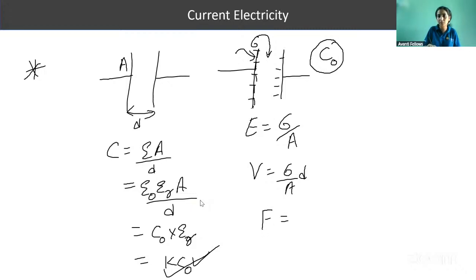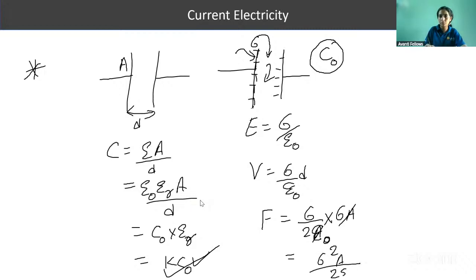The force will be the electric field because of any one plate, sigma by 2A, into the charge on the other plate, which is sigma into A. Sorry, this will not be sigma by A. What am I writing? I'm really sorry. It is sigma by epsilon naught. If this space is occupied by vacuum, then it is sigma by epsilon naught. Sorry, it was not A. So the force is sigma by 2 epsilon naught into sigma A, so the answer will be sigma square A by 2 epsilon naught.